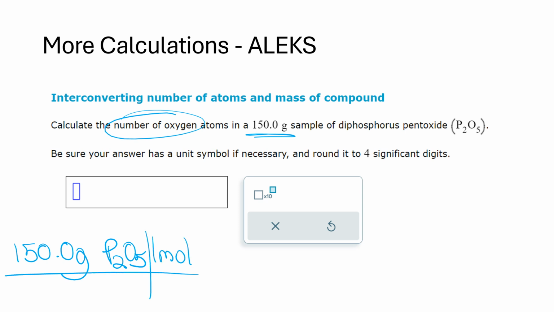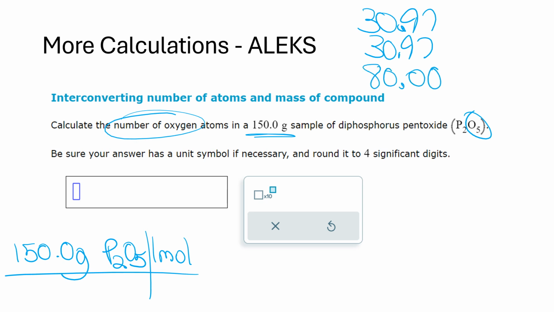So 1 mole, and in this case, you're dividing it by molar mass. So P2O5, if you look at the periodic table, phosphorus was 30.97, 30.97, and then essentially 5 oxygen, which weigh 16.00, that's going to be 80.00. Because there's 5 oxygen, 5 times 16 is 80.